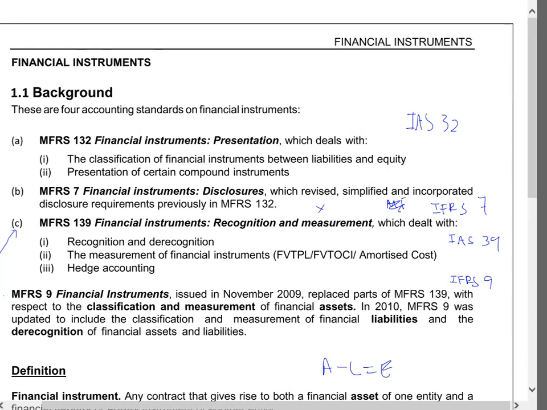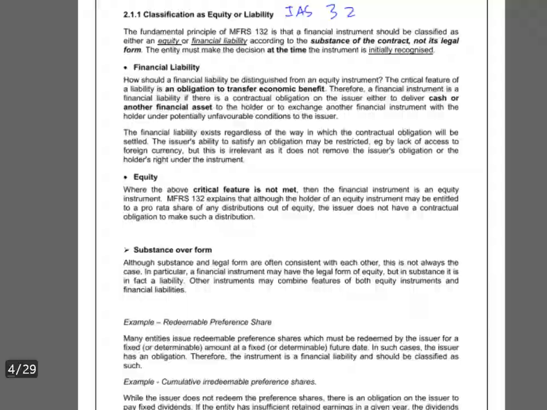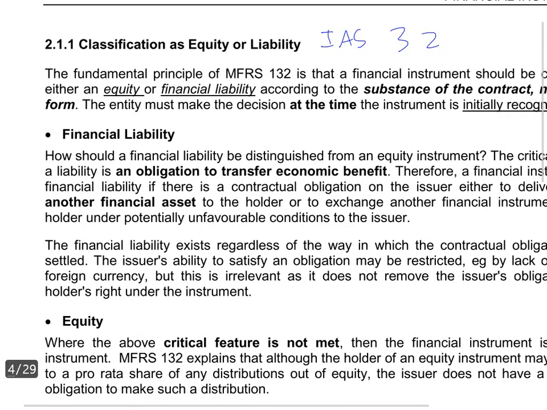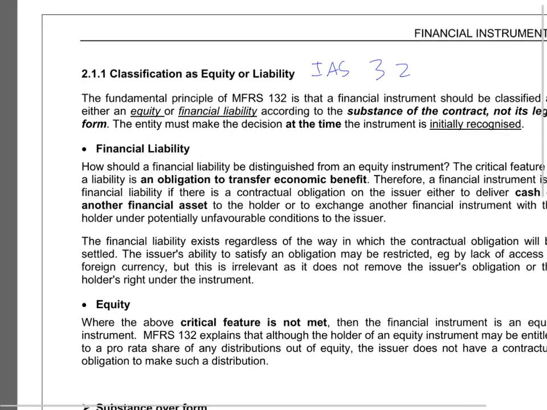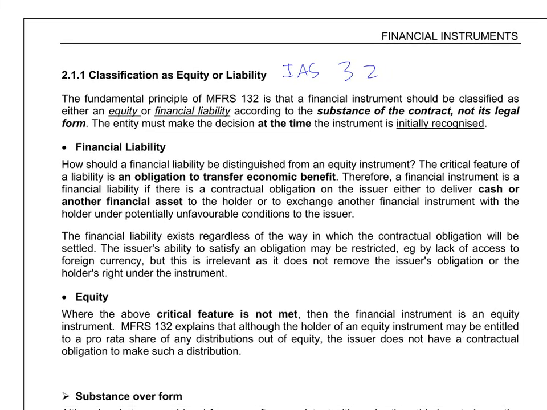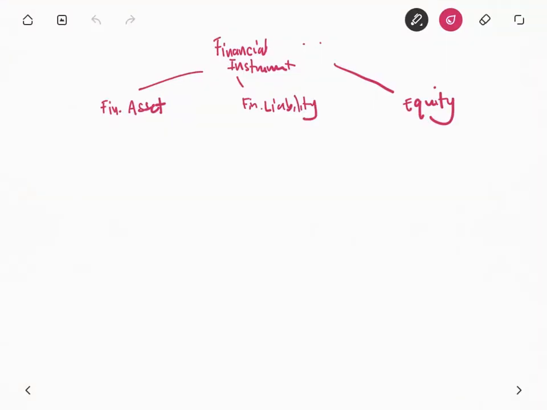IAS 32 is on classification of equity and classification of liability. We go through later, but we look at here. Financial asset, no issue. I invest in share, I invest in debenture, confirm asset. Contractual right to receive cash, no issue.